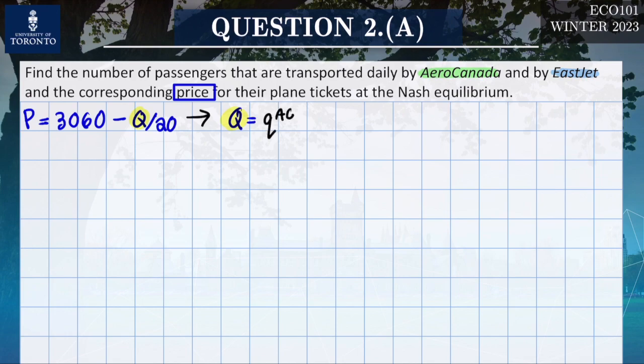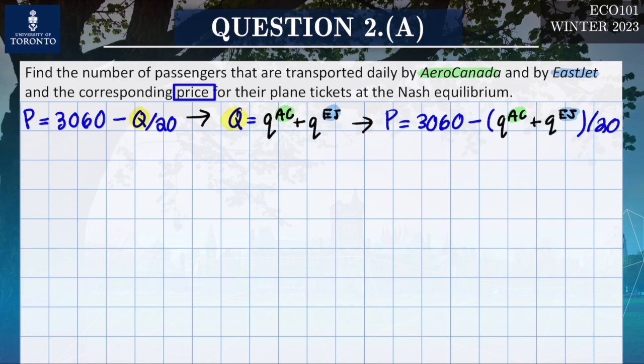So total quantity is the quantity that Aero Canada produces plus the quantity that the other company, EasyJet, produces. So that the price is given by the demand function, and it depends on how many tickets Aero Canada sells and how many tickets EasyJet is going to sell as well. So this is just rewriting my inverse demand function, but as a function of both quantities.